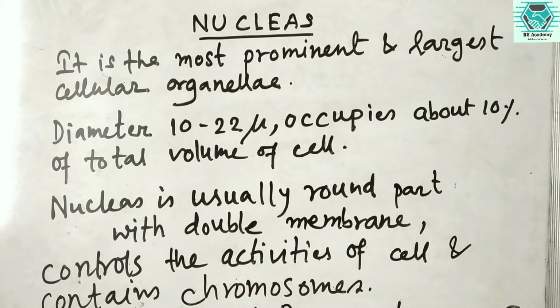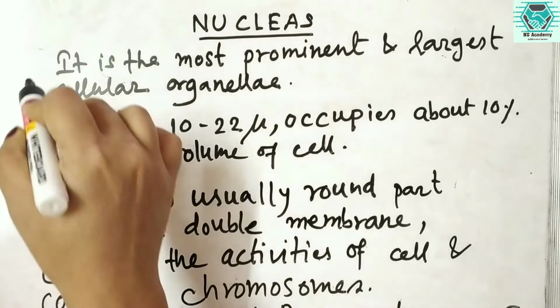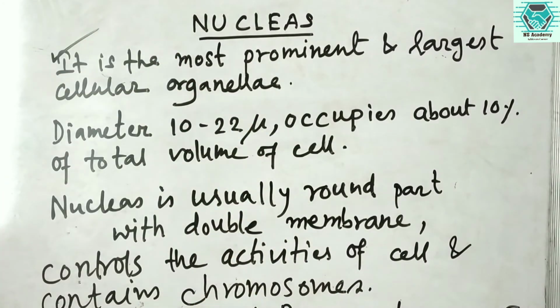What is nucleus? The nucleus is the most prominent and largest cellular organelle. We know that inside the cell many membranous organelles are present, as in eukaryotic cells, which have membranous organelles as well as an ideal nucleus.